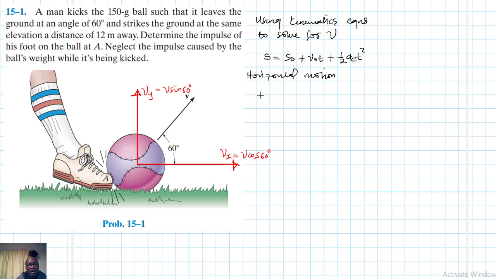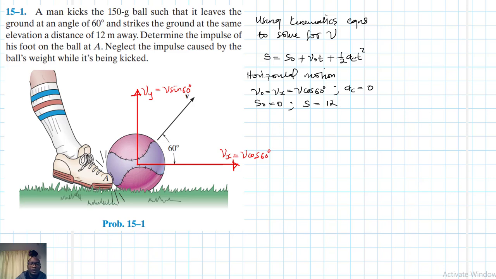So we have our V naught, which is just going to be equal to Vx, and is equal to V cos 60. Our acceleration here is equal to 0, and our S naught is equal to 0, and then our S is equal to 12 meters.